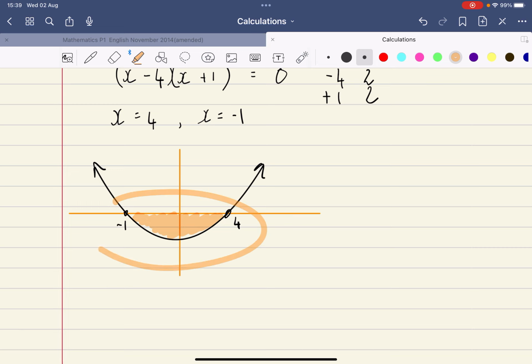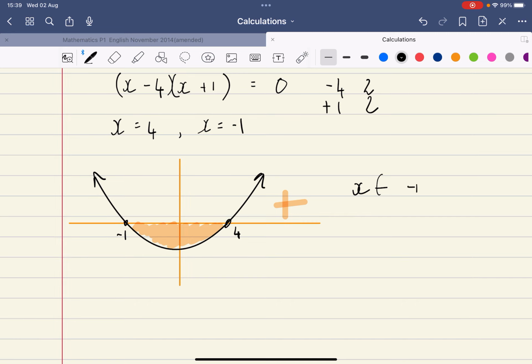So how can we represent that region? Because remember, above the x-axis is positive, below the x-axis is negative. So how can we represent that region? Well, let us simply write x will be an element of (−1, 4), and we'll deal with the brackets now.